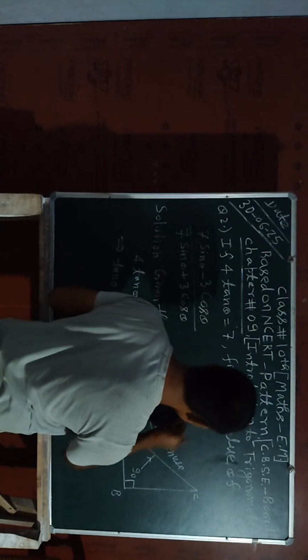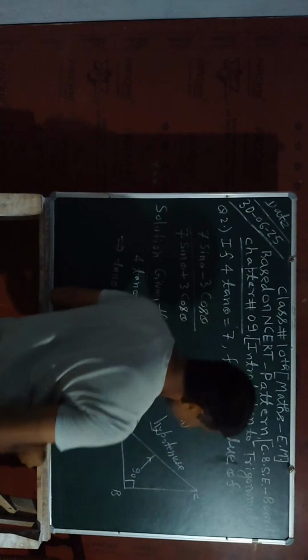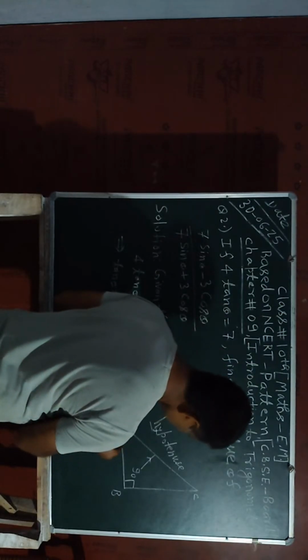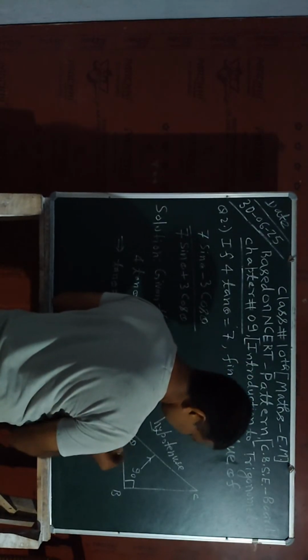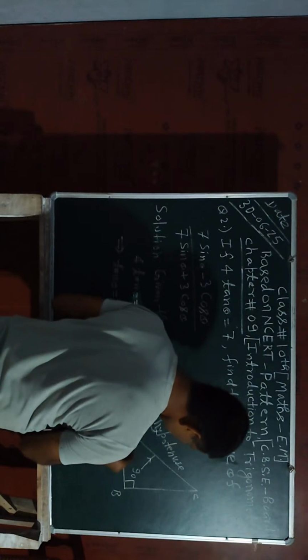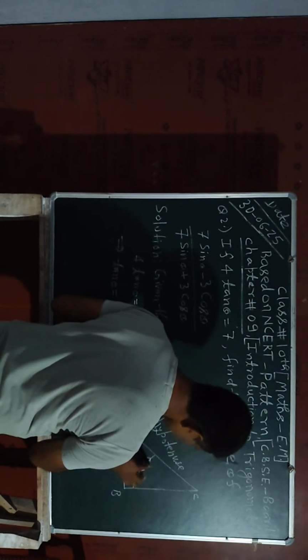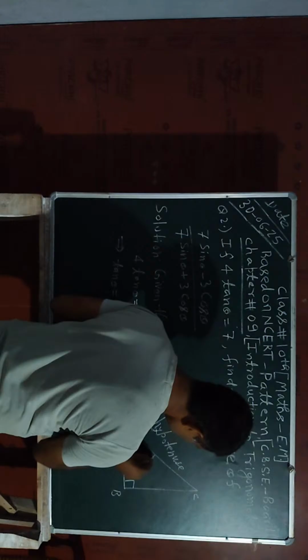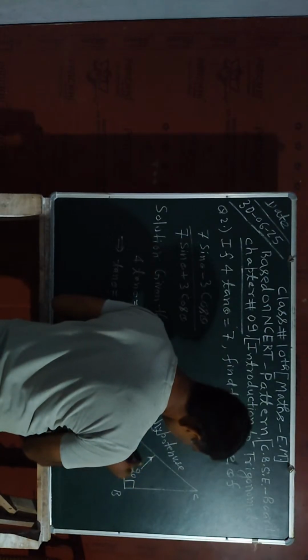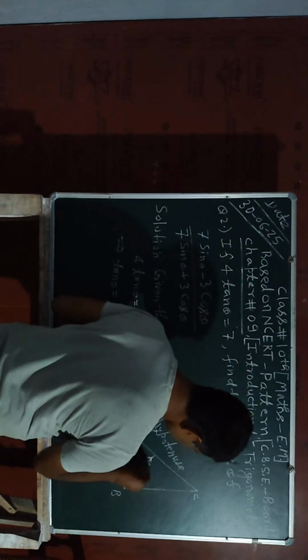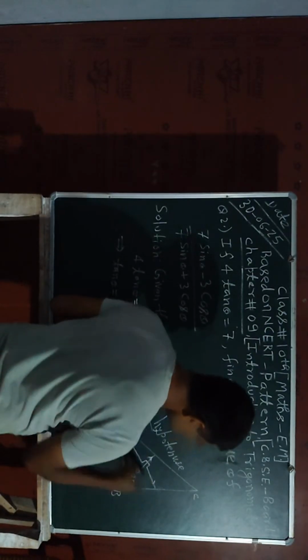Now, I am considering this angle and this angle is theta, so I will draw a line like this, and that line will cross this line.